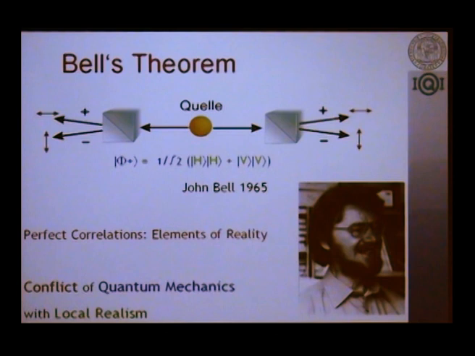It cannot be factored into separate states, and it prescribes that you have perfect correlation, and therefore following Einstein, Podolsky, Rosen, one might assume that one can introduce what they call the elements of reality for the individual measurement results. And then Bell showed that if these elements of reality are local, under his definition, then they are in conflict with quantum mechanics for statistical predictions of the theory.